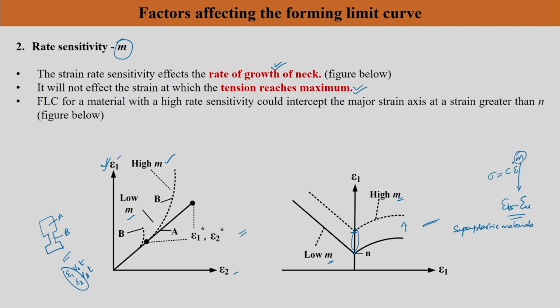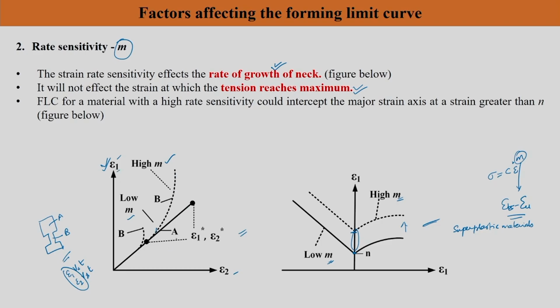So you will see that for higher m, this dotted line is for B region, that is where necking is going to happen, and this is for A region. When compared to A region, B region will have unstable growth in strain, especially epsilon 1. Sudden, unstable growth after a particular stage.